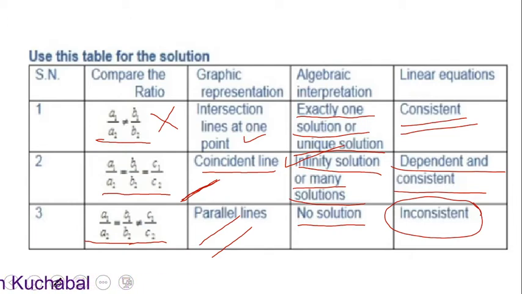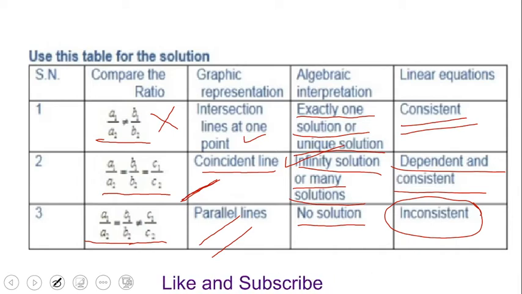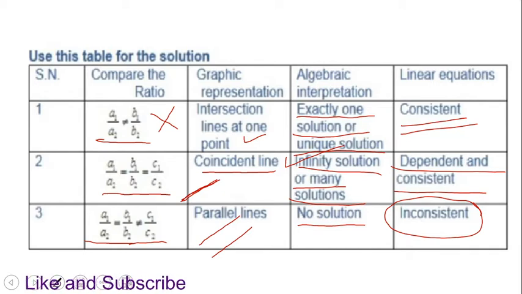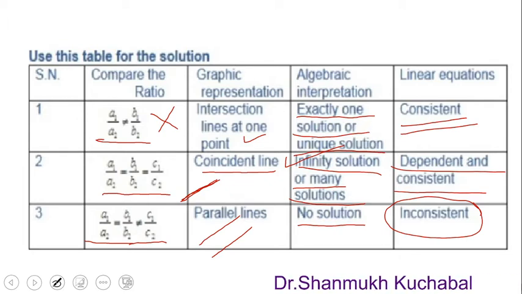If there is only one intersection, then there is exactly one solution, that is the first case. If one line is on another line, both superimposed on one another, then it is the second case, infinitely many solutions. And in the third case, two lines are parallel and they are not going to intersect one another, so we say no solution, and we call it inconsistent.